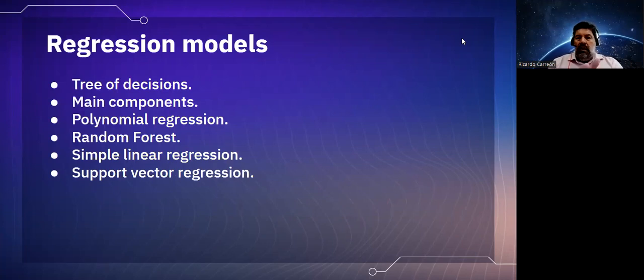So, types of regression models, there are of course several different types of regression models, some more suitable for some uses, to be able to predict a continuous number within, let's say, sales, or a given number that is important for the operation of the company.